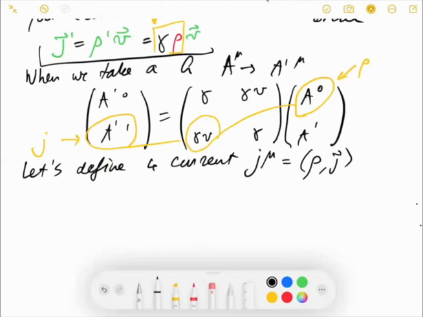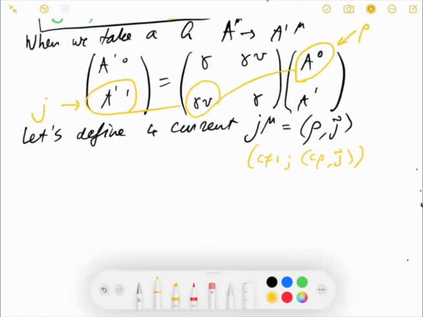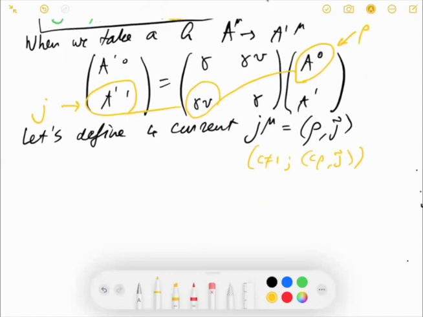If you don't have C equal to 1, then it's actually C rho and J. Okay, just so you know that that's where it goes. So if we use that definition for the current, then we have J mu is rho and 0.